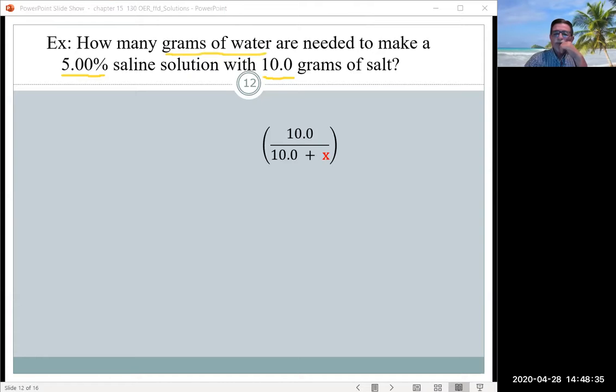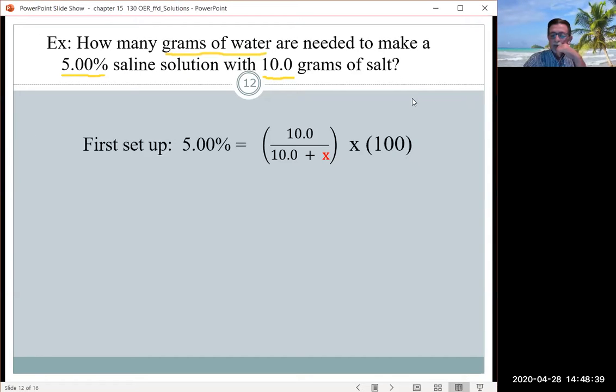And so to do that, we set up the problem as follows. Okay? We're given 5%, that's what we're striving for. We know that this quantity here, when we multiply by 100, gives us the percentage.